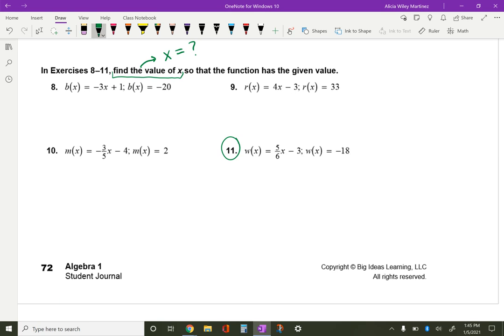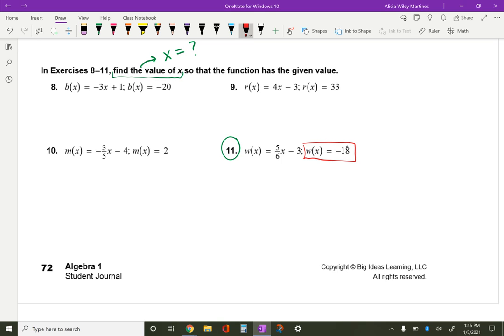What's given to us is different. Notice they didn't give you x. That's not what we're trying to find. That's what we're trying to find is x. So of course they're not going to give it to you. So we have this. This is our given information. What they have given us is the value of w of x. They've given us the output value.